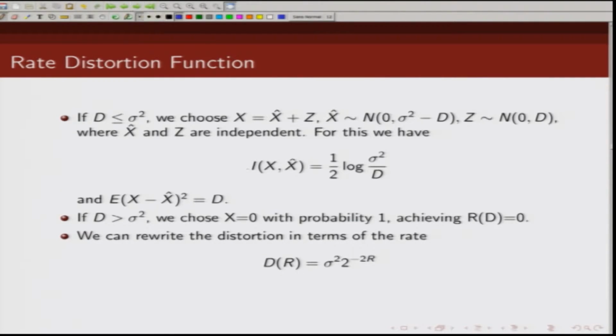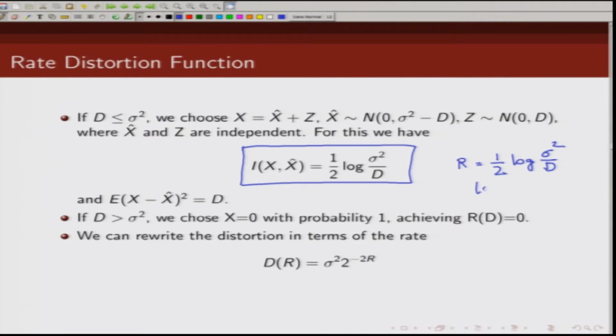Now, as we said, this rate can also be written in terms of distortion. So, I have half log of sigma square by d is r, or sigma square by d is 2 raised to the power 2r, or d is sigma square times 2 raised to the power minus 2r.